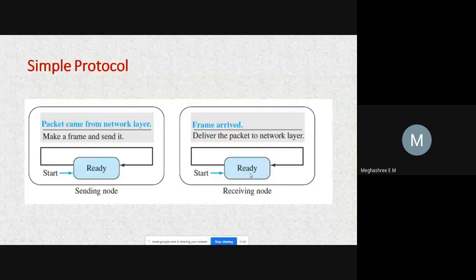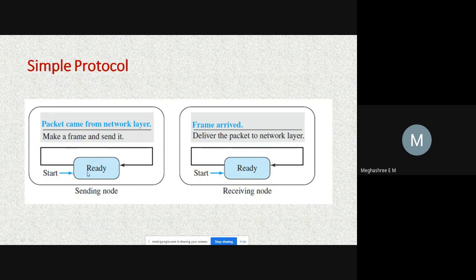At the receiving end, initially it will be in the ready state. Once the frame has arrived, it will start processing it and deliver the packet to the network layer. This is how the simple protocol works.